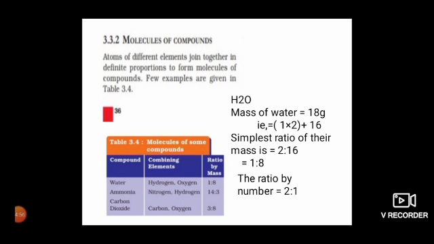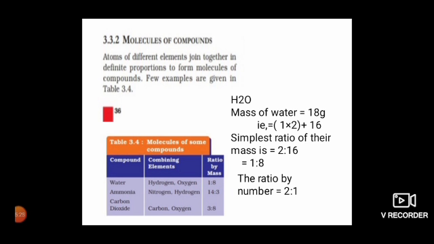That is what is known as a compound. For example, water. The water molecule is a compound; hydrogen is an element and oxygen is another element. Both join together to form H2O.